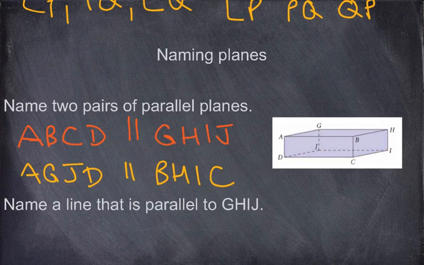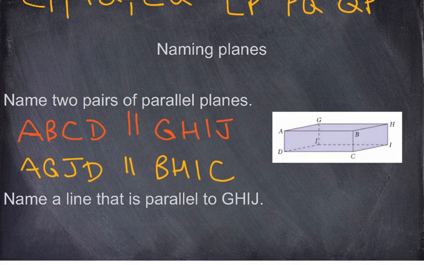So again, for parallel planes, start at one point and work your way around, and that would be the front, and then it would be parallel to the back. So again, we just have to make sure we label correctly, and make sure you go in order.